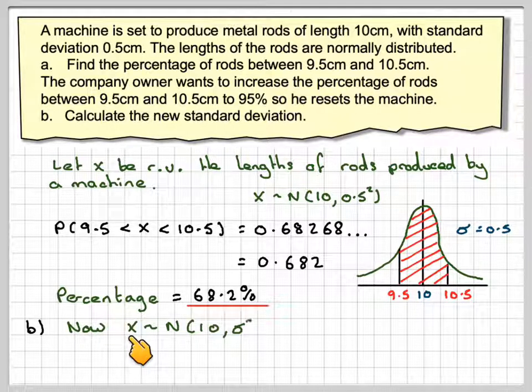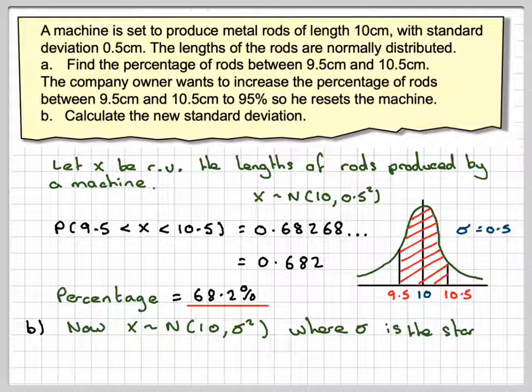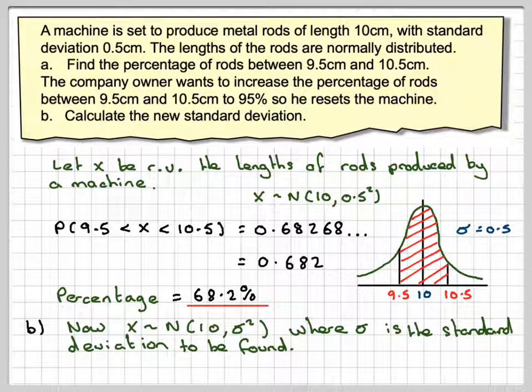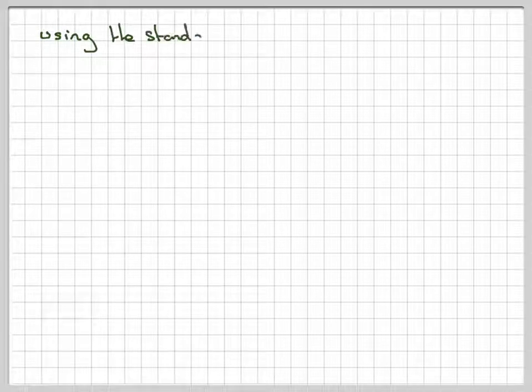Now X will belong to N(10, sigma squared), because we need to calculate a new standard deviation. So therefore we can no longer use this normal distribution. We'll have to use the standard normal curve. So sigma will be the standard deviation we need to find.